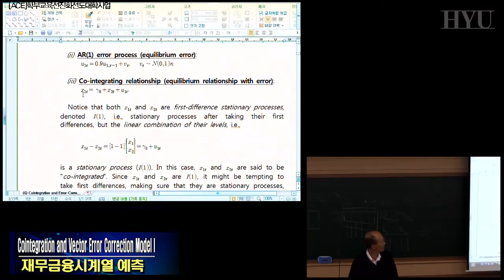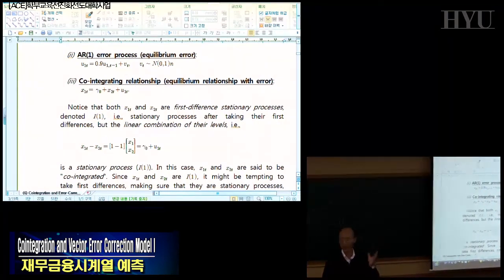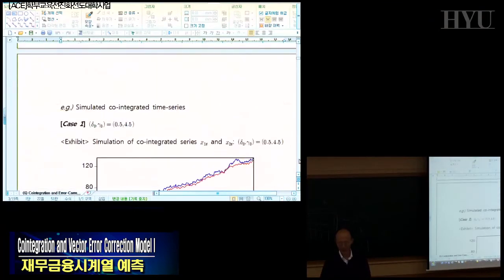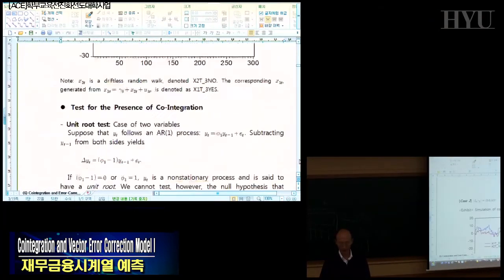If they are in fact cointegrated, then this has to be stationary, right? So from the first regression, obtain the fitted residual from the level regression using OLS, and then test whether the residual has a unit root.